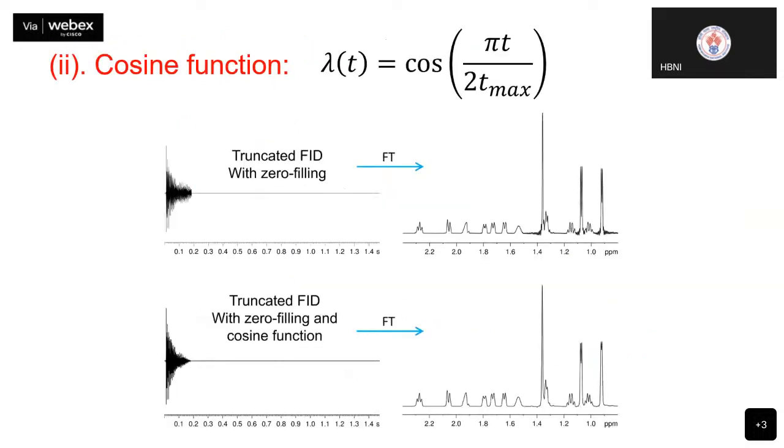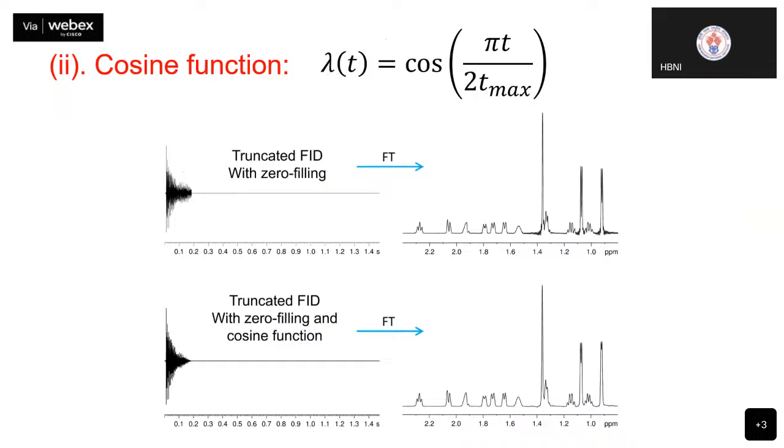The top portion is the same everywhere. This is for comparison, I'm keeping that. Now instead of exponential multiplication, you multiply by this function. It's a cosine function: cosine of pi t divided by 2 times t max. So what is this function?